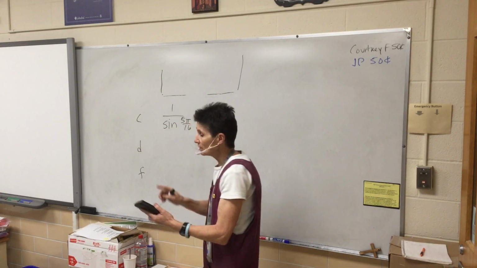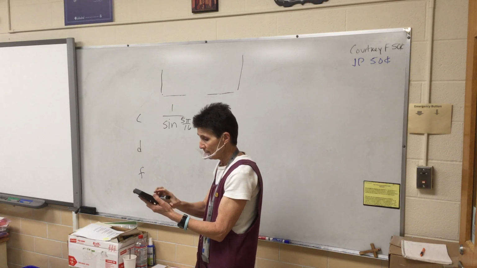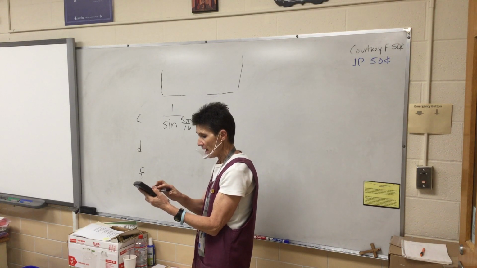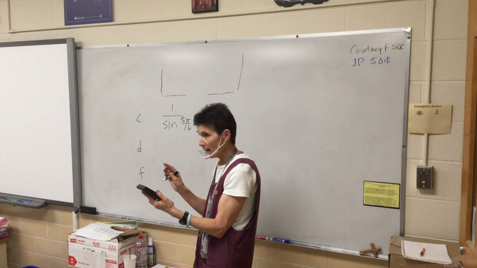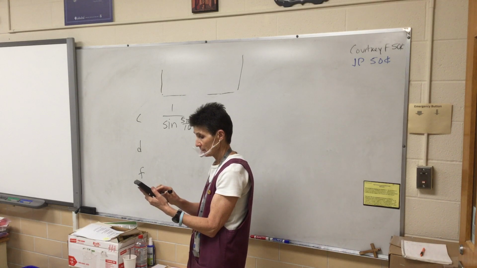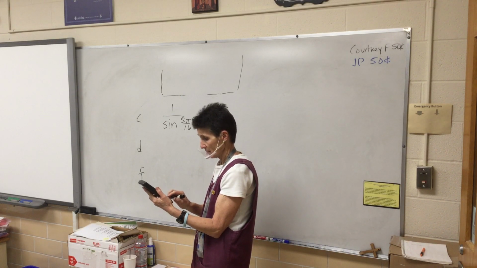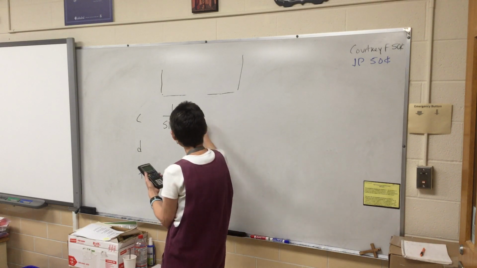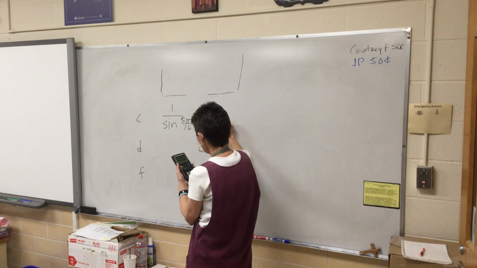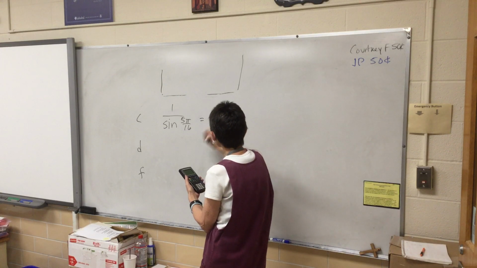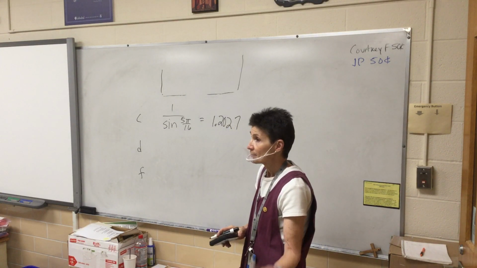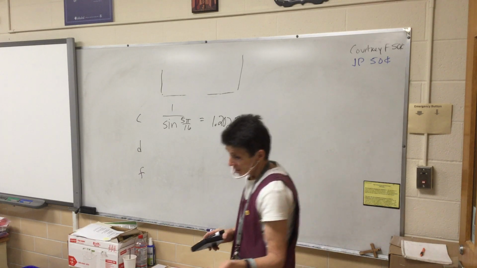So we are literally going to type 1 divided by sine 5 pi, and use your pi button, divided by 6. And you should have come up with 1.2027, if I round off to the 10,000th like it says. Everybody get that? Easy? All right.